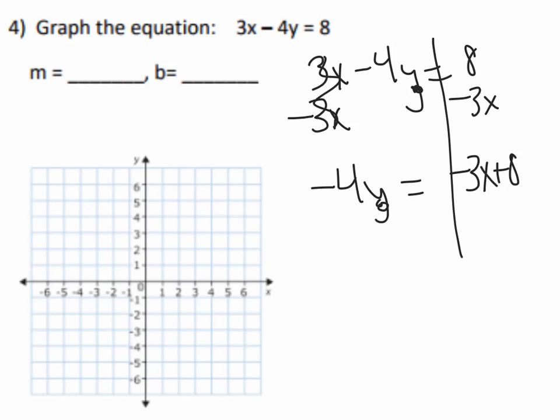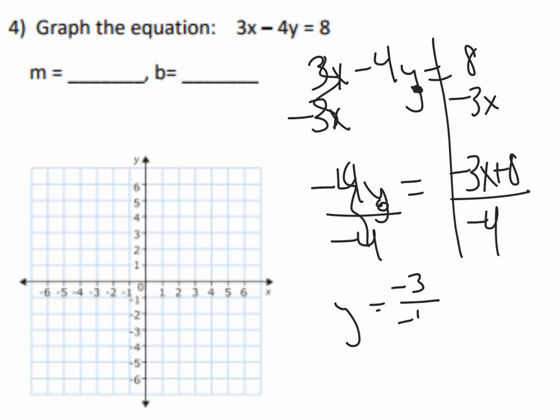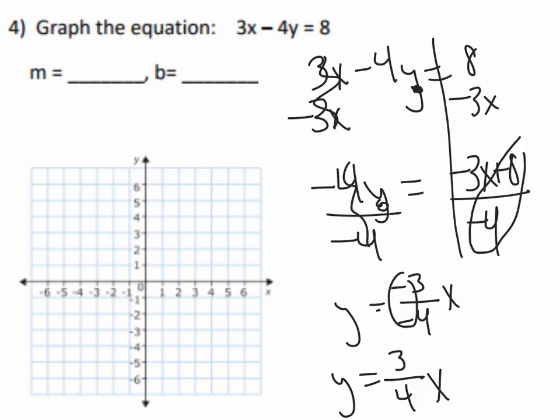Okay, we're still trying to solve for y, so now we're going to divide everything by negative 4. So we'll have y equals, so we're going to start with negative 3 divided by negative 4. Put our x with it. 4 doesn't go into 3, but we can say this negative divided by negative is positive 3/4 x. Then we're going to divide 8 divided by negative 4, which is negative 2. So that's your equation in slope-intercept form.